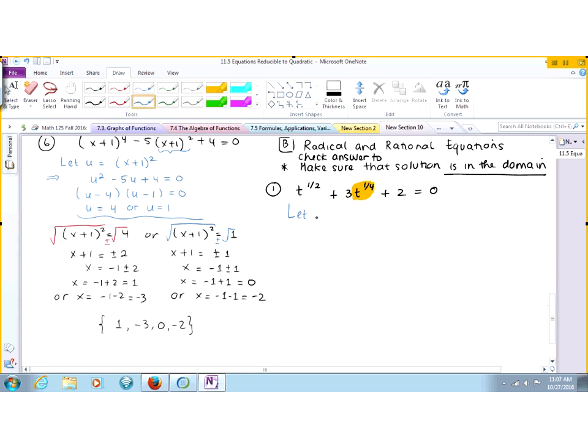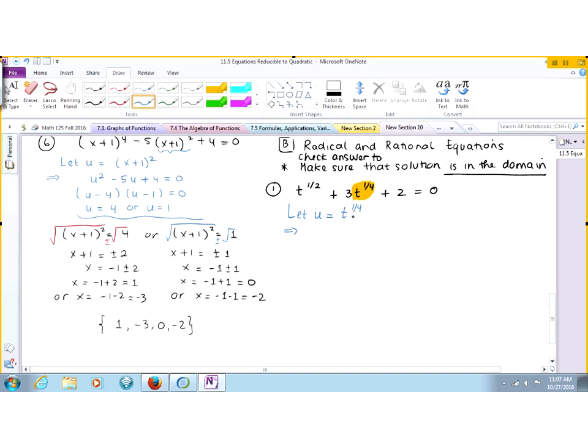Yes. So let's do it. So let u equal to what? Let u equal to t to the 1/4. Okay, good. Is it clear that I let u equal to t to the 1/4?